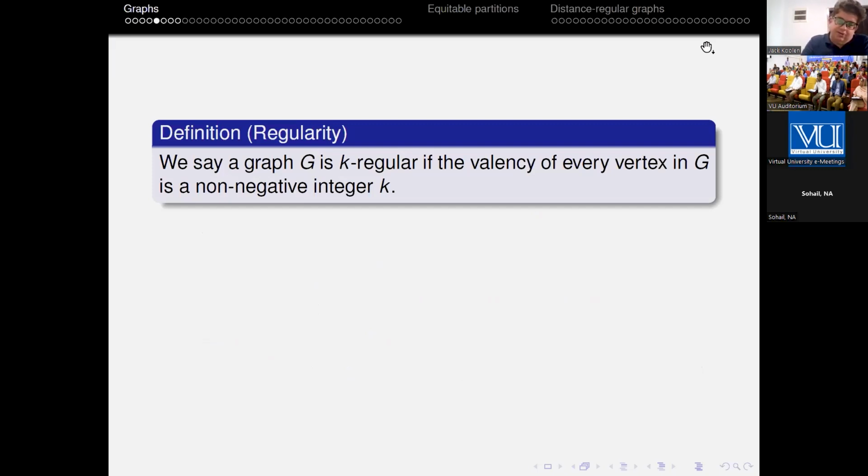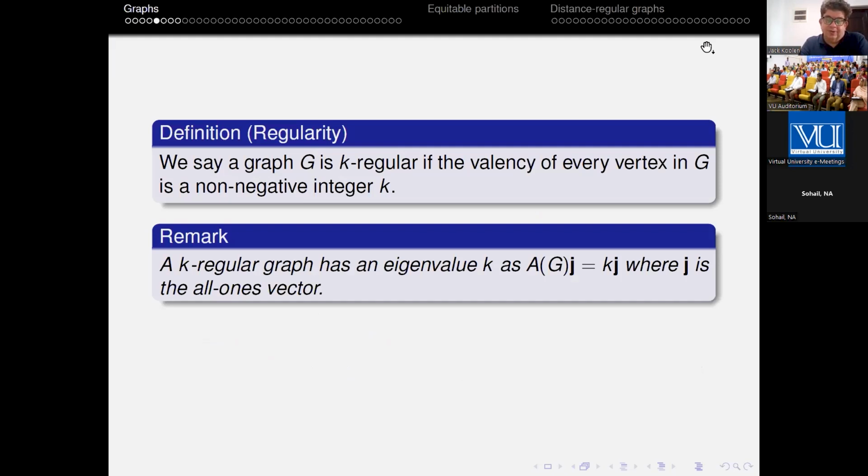Usually k is not 0; we don't really like it, but that's all. And you can easily see that k is an eigenvalue: if I look at the adjacency matrix and I multiply by the all-ones vector, then I get k times the all-ones vector.